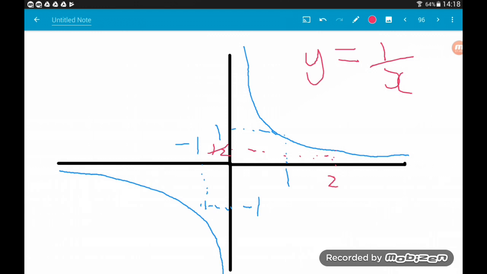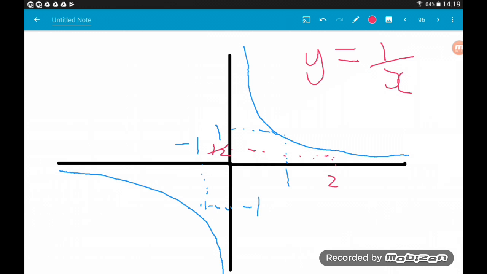So down here in the bottom left then, what's going on? Well, as x shoots off down to negative infinity, the value of y is coming closer and closer up to 0. So again, it's never ever going to reach 0, but it's getting infinitely close to 0.